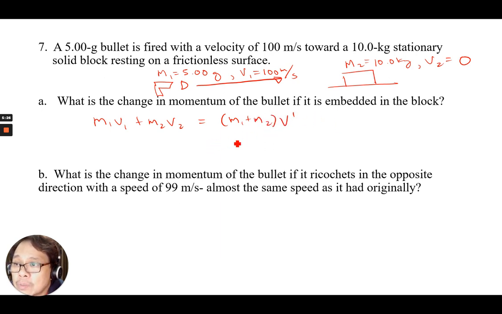But V prime is equal to 0 because the bullet was embedded. So we substitute M1, it's 5 grams. Convert that, you get 0.005 kilograms. The speed is positive 100 meters per second.